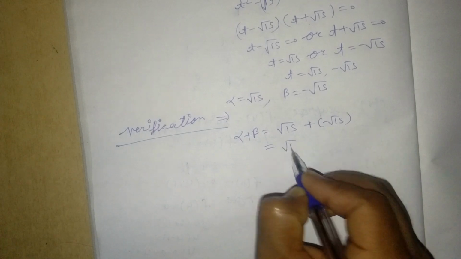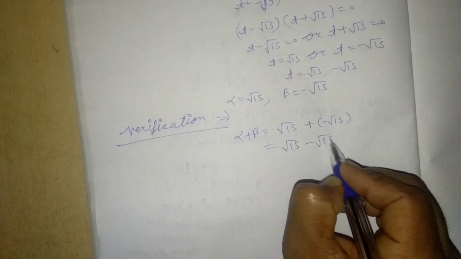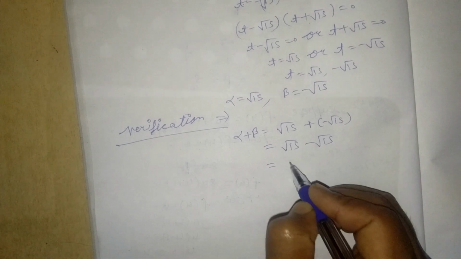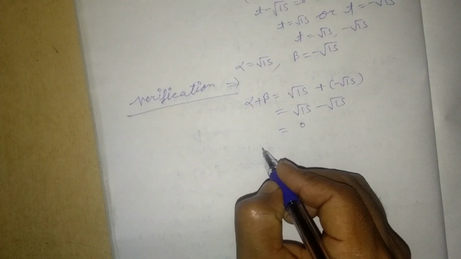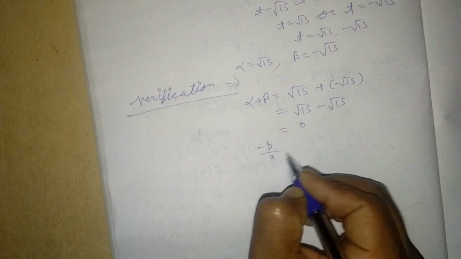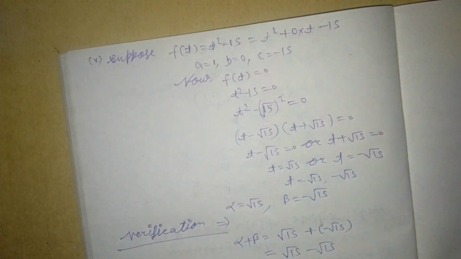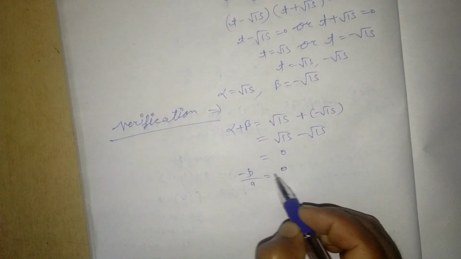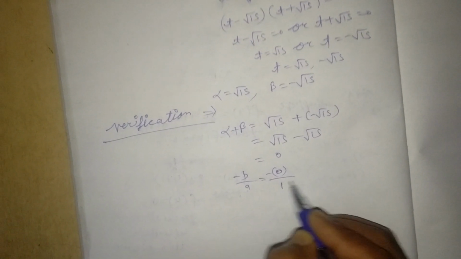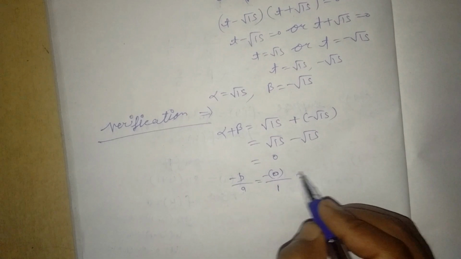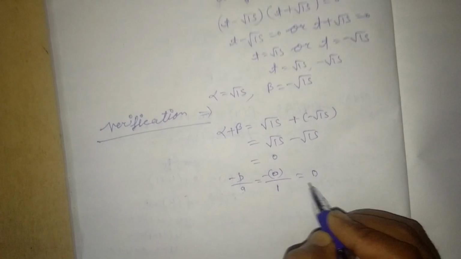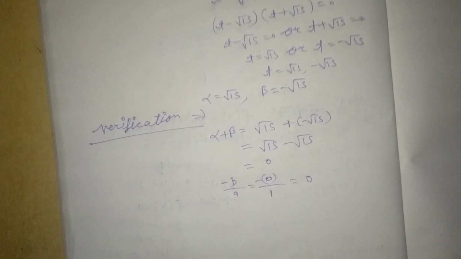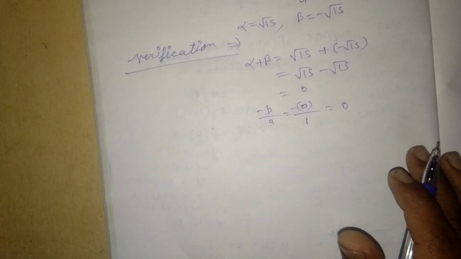When you solve this, you will get alpha plus beta is equal to 0. Now find out minus b upon a. You can see here the value of b is equal to 0, and the value of a is 1. When you divide 0 by 1, you will get 0, and minus 0 means 0, because 0 has no sign.